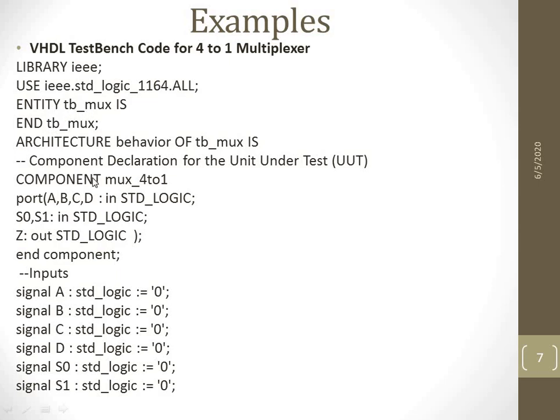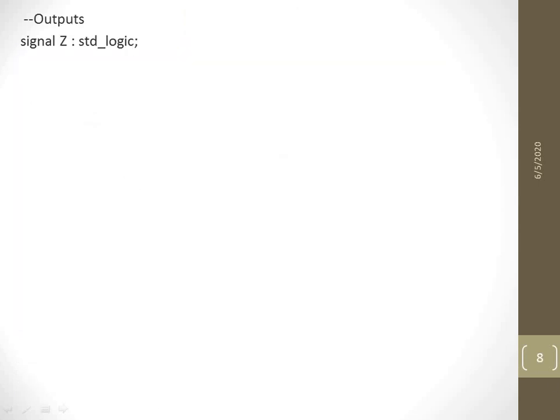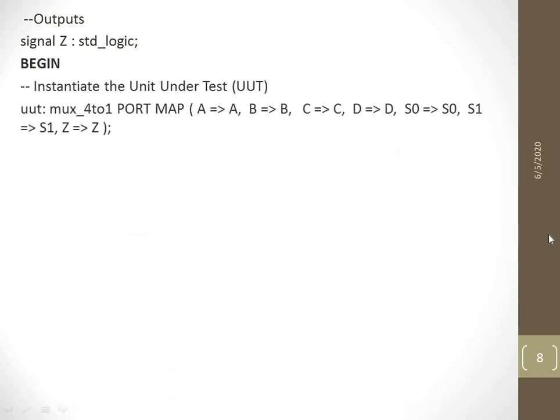The ports of the component are to be taken as signals, and initially we should assign them to 0. Then begin, and map the component with the same ports.